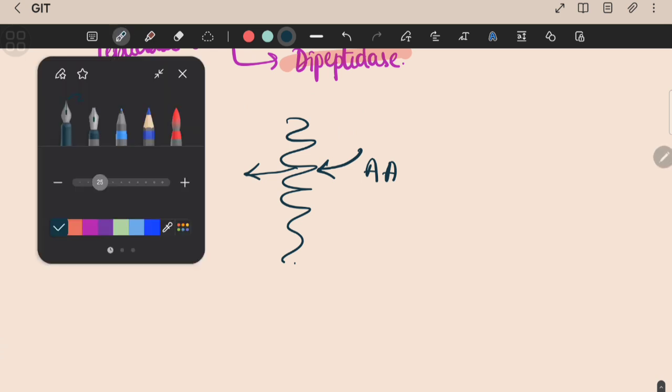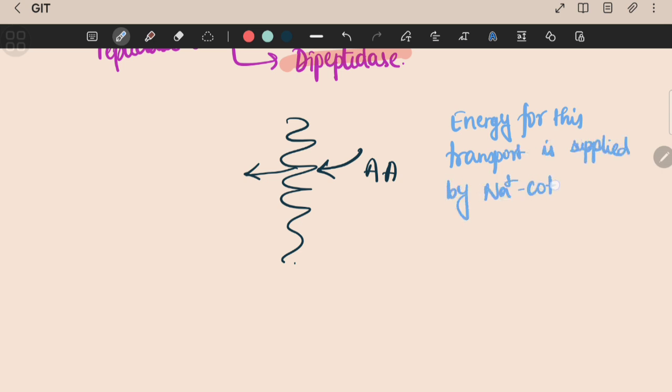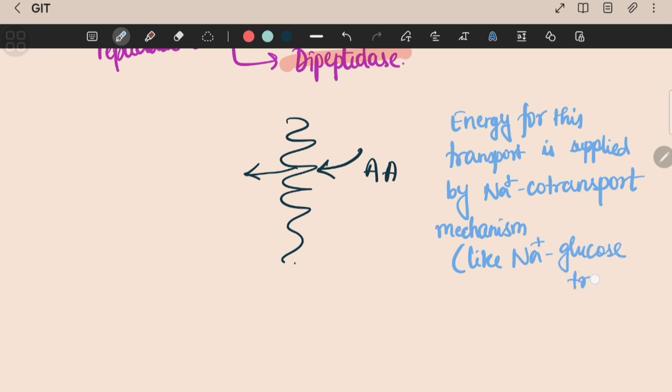So I'm writing over here the process that happens. The energy for most of this transport is supplied by the sodium co-transport mechanism, like sodium glucose co-transport. The absorption is happening by that same process.